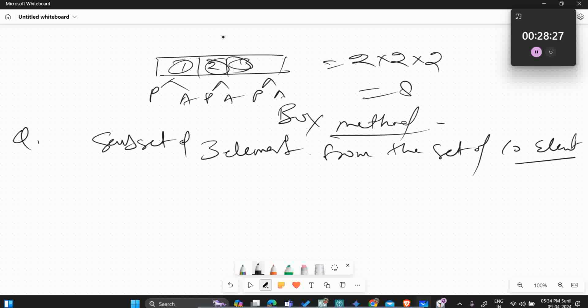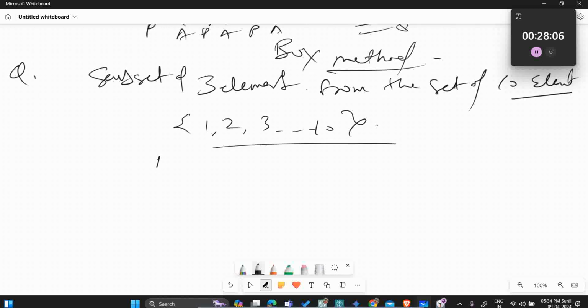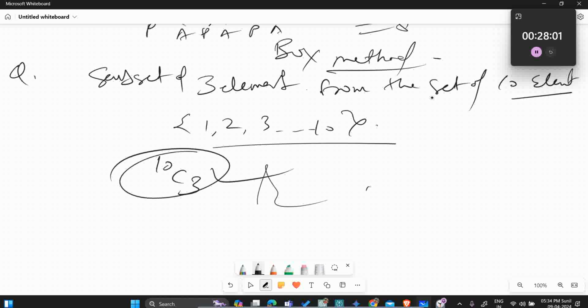How many 3-element subsets are possible here? Alright. So the general approach would be like, there are 10 elements, 1, 2, 3, dot, dot, dot, 10. We have to select 3 out of them, any 3. So it would be 10C3 is the answer.